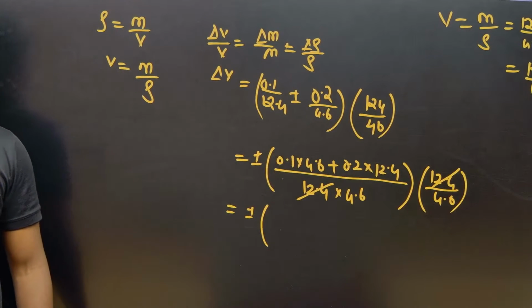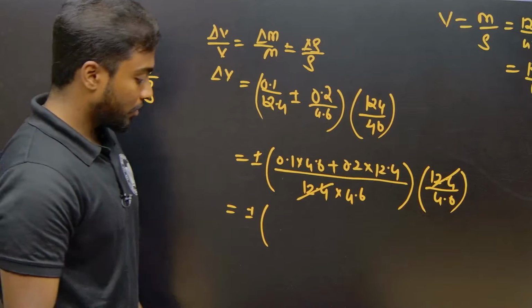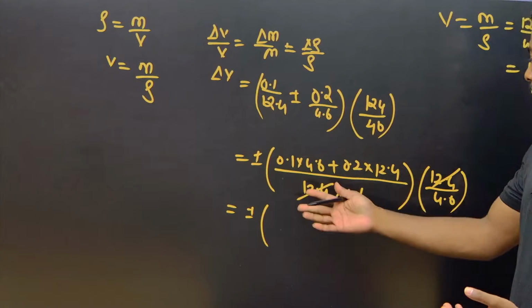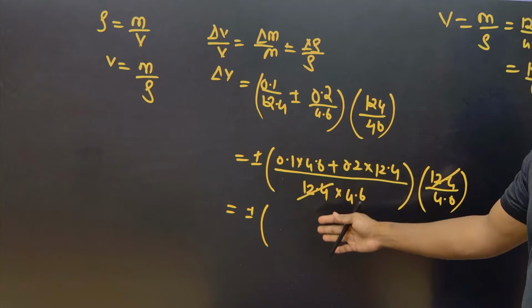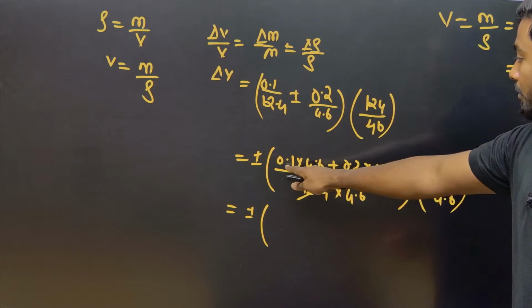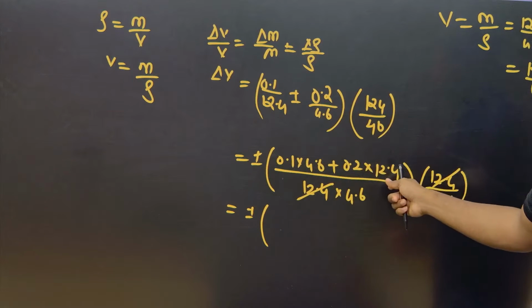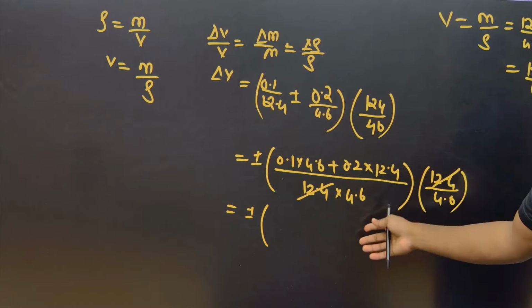So plus or minus, what is the answer? 0.1 into 4.6 and 0.2 into 12.4. Multiply by 10, divide by 10. So you will get 1 into 4.6, 2 into 124, divided by 46.